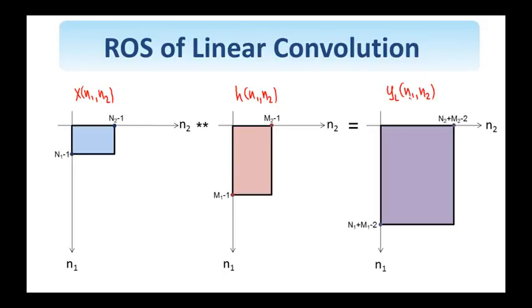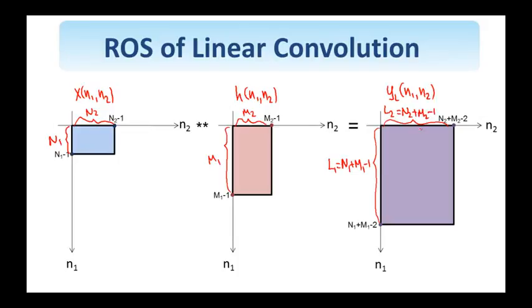Then if the support of the first signal is as shown here, N1 by N2, while the support of the second one is M1 by M2, then the support of the result of their convolution is going to be, as shown here, L1, which is equal to N1 plus M1 minus 1, by L2, which is equal to N2 plus M2 minus 1.